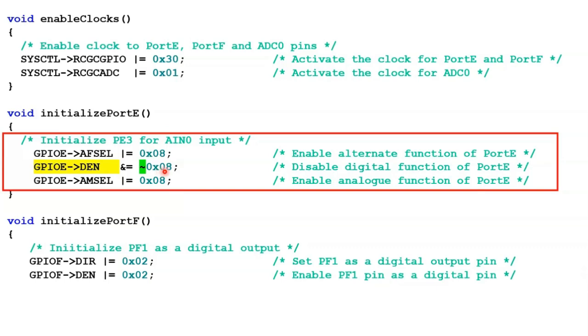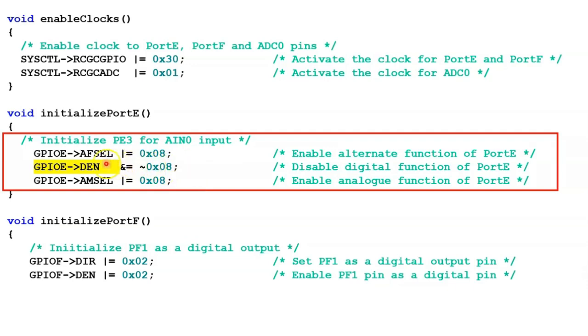So if we take this value, 08 hexa, that is 0000 1000. So this is 0 and this is 8, and this is the binary of 08 hexa.